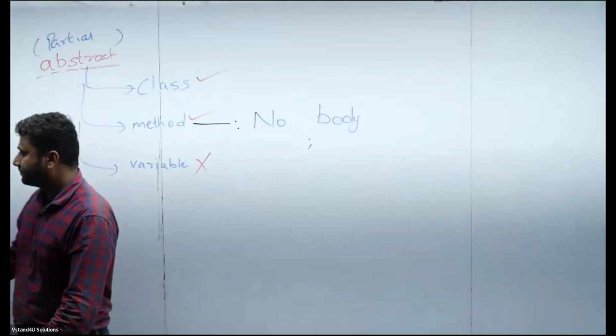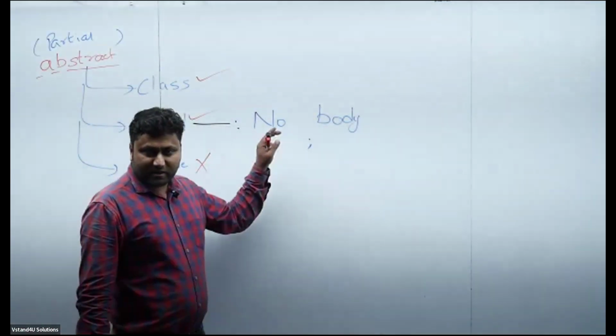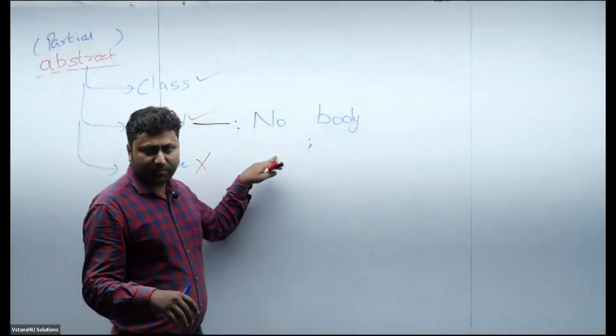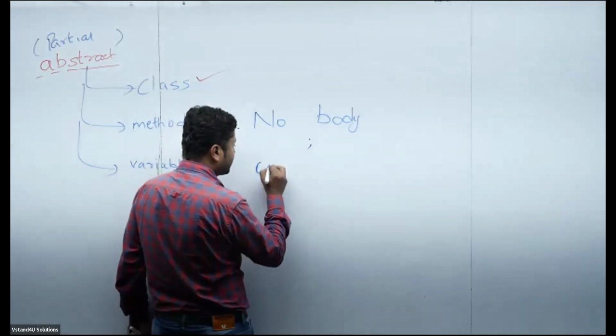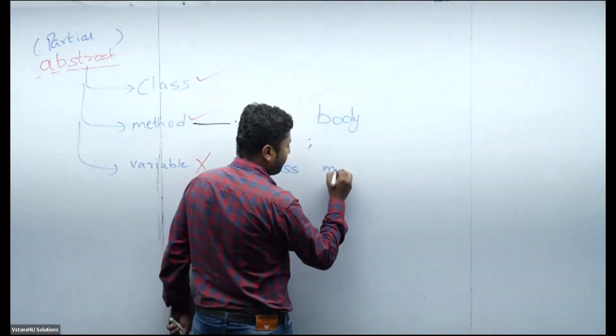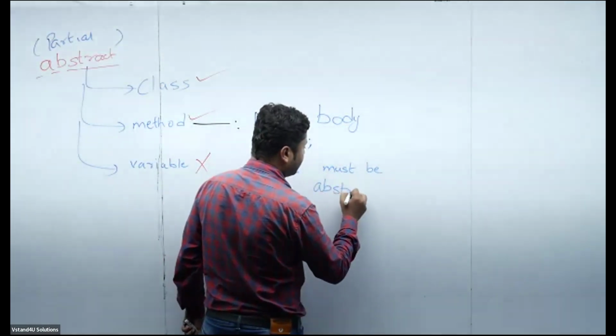Okay, sir. And also one more important thing, along with such methods, those which do not have body and end with a semicolon, the class must be abstract. Then only they will work.